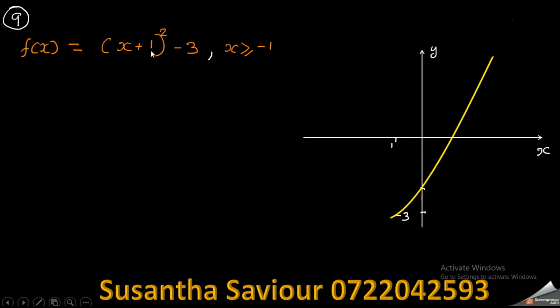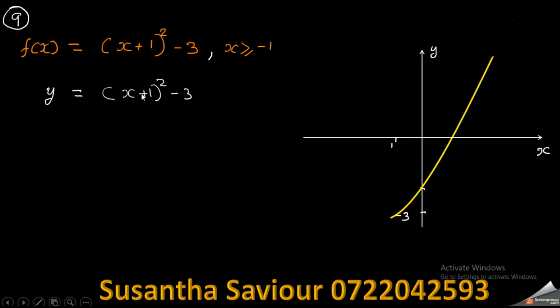My minimum point will be minus 1 comma minus 3. Minimum point is minus 1 comma minus 3. And then we will try to develop the f inverse function.